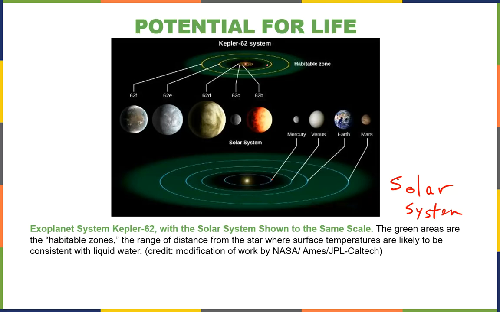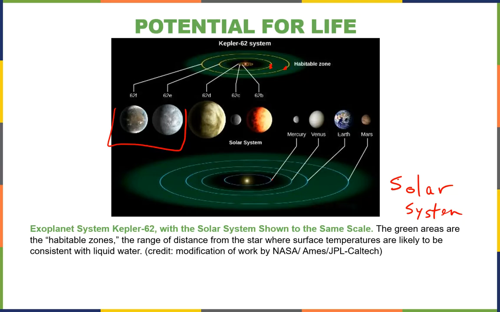And you have 2 planets that fall inside of that habitable zone, these 2 right here. And so those 2 planets conceivably, now are those photographs of the planets? No. No, we don't have good photographs of those planets. Those are drawings, conceptual images of what we think the planets would look like. But there is a chance of life on these planets.